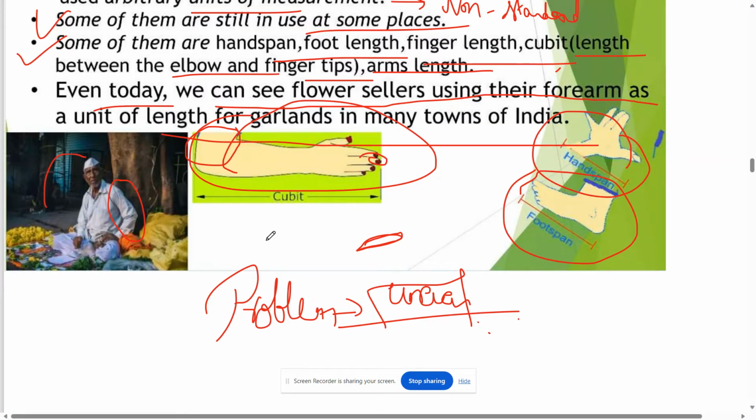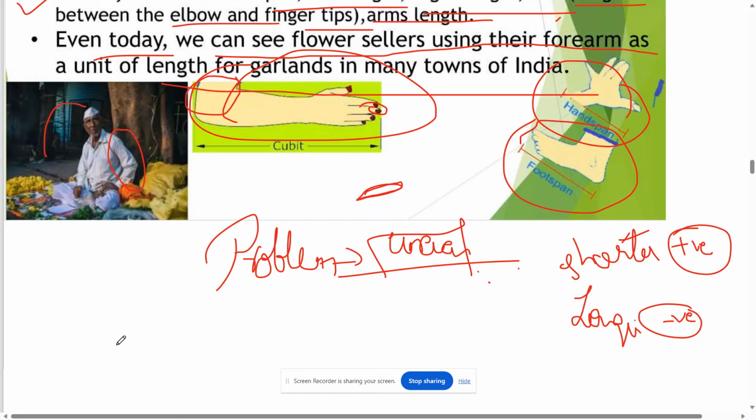The vendors with shorter hands will get a profit from it, and those with longer hands will get losses in comparison.